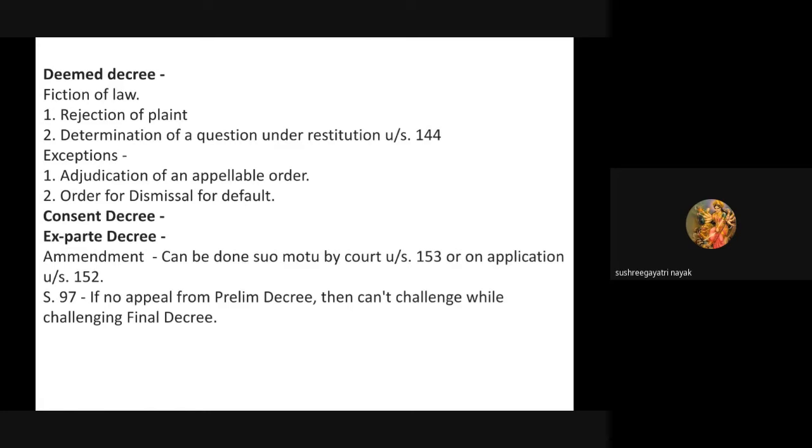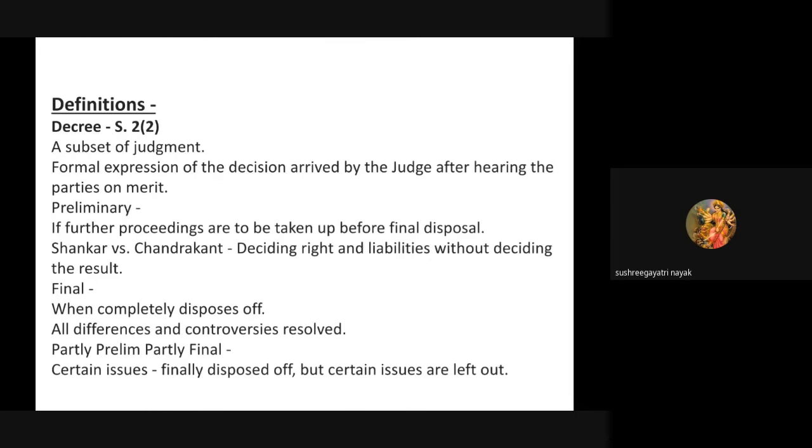Now there is this provision of deemed decree. It is nothing but a fiction of law. The law suggests that the rejection of plaint and the determination of a question under restitution under Section 144 CPC, these two do not fulfill the criteria of the definition of a decree. As we studied, the definition of decree is that it should be a formal expression of an adjudication arrived at by a court or a judge after hearing both the parties on merit.